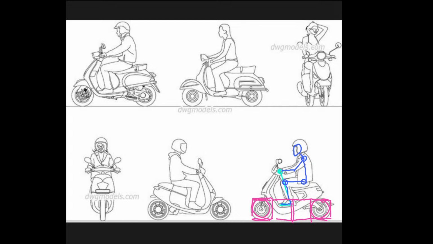Front wheel, rear wheel, 2 wheels in between. And you see here, a little above the center of a wheel, we have space for a foot, so he can put his foot on the driver.